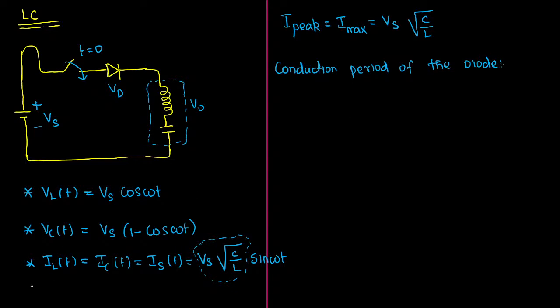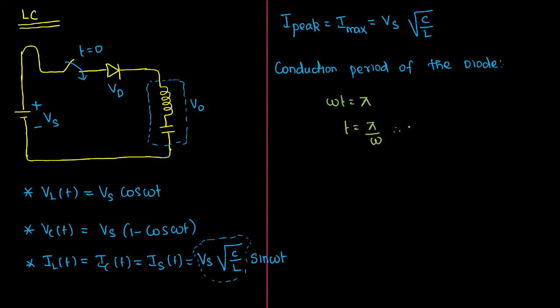I hope many of you might know the formulas. It's okay, let us revise once. The conduction period will be when omega into t equals 180 degrees, or in radians, pi. So from this I can say t is equal to pi by omega.